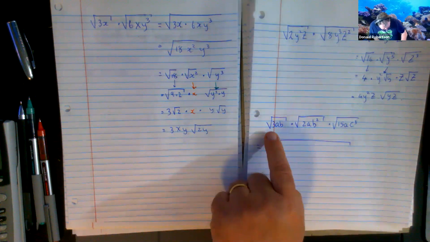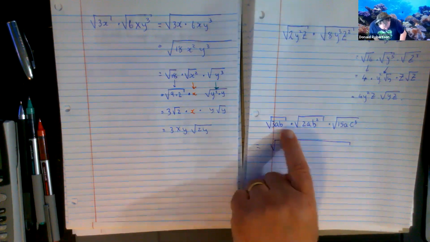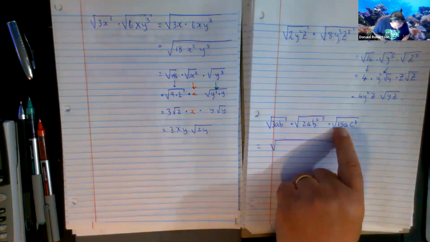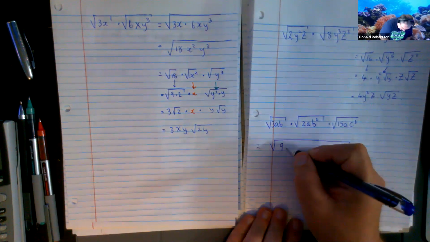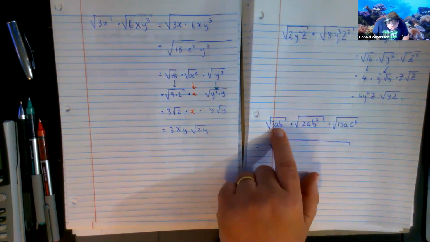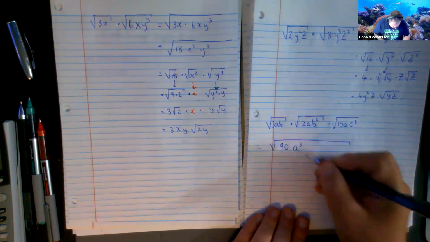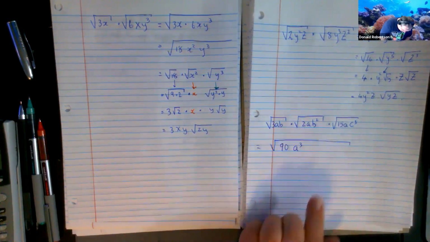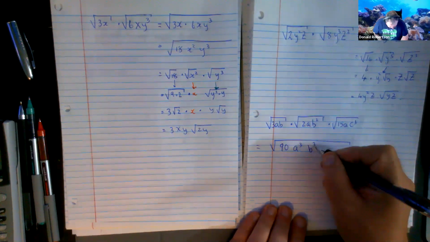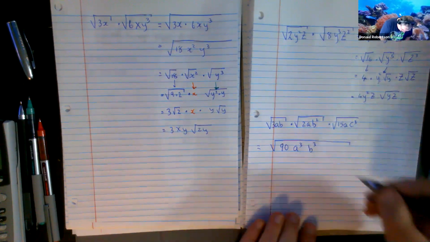Okay, if you multiply them together, let's do the numbers. 3 times 2 is 6. 6 times 15 gets you 90. There's an a times another a times another a, so that gets me a cubed. There's a b times a b squared, that gets me, oh, I didn't realize I was going to end up with this, b cubed, and a c cubed.